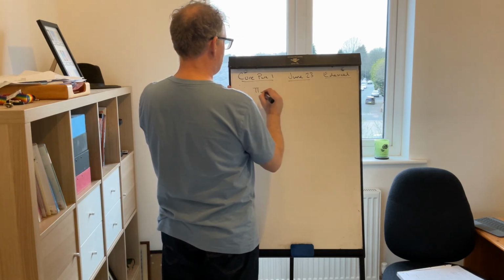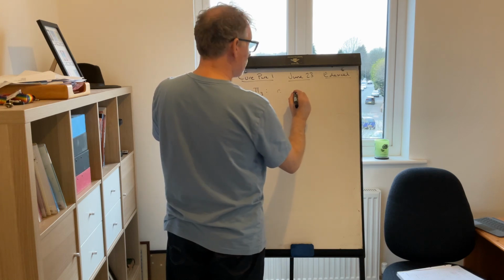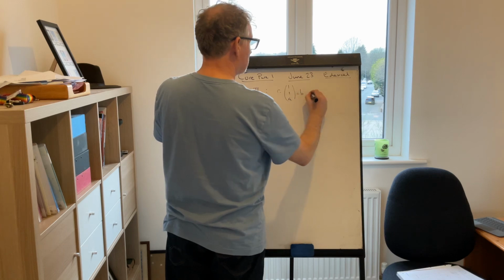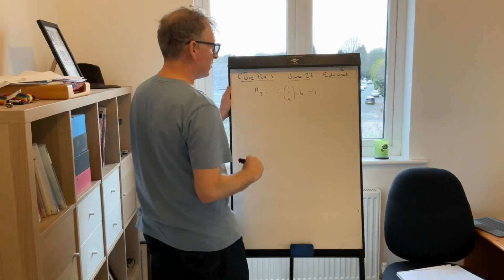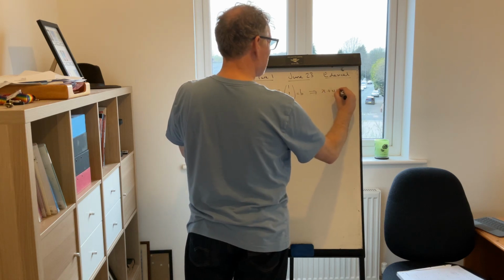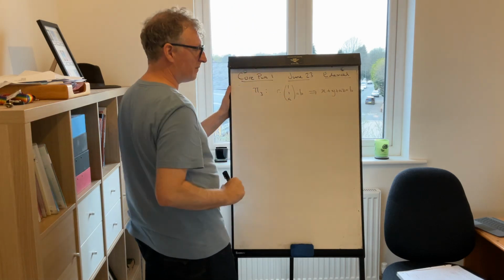Let me just do this. Pi 3 has this equation, r dot (1, 1, a) equals b. Now I'm going to straight away turn that to Cartesian. You'll see why in a second. So that's going to be x plus y plus az equals b. So that's pi 3.